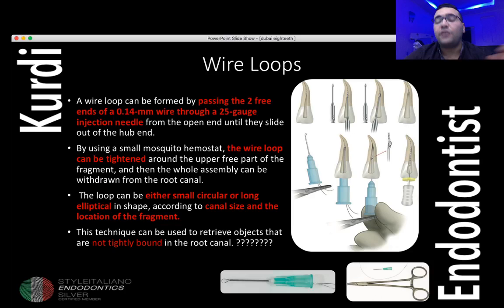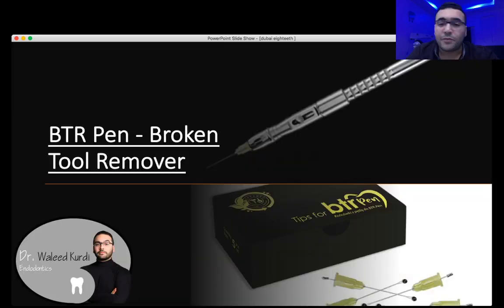You can buy the loop and you can buy the wire, and you can use it inside any injection needle, 25 gauge for example, and you put the wire inside it, and with a hemostat you can have your wire loop device. But it's a little bit not reproducible in a reproducible manner and a little bit time consuming. For me, I use this great device.